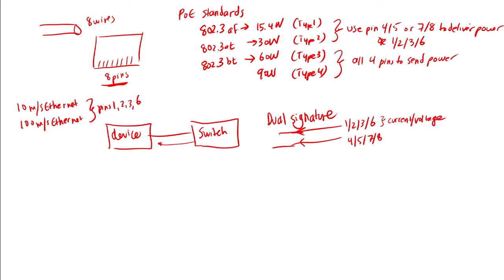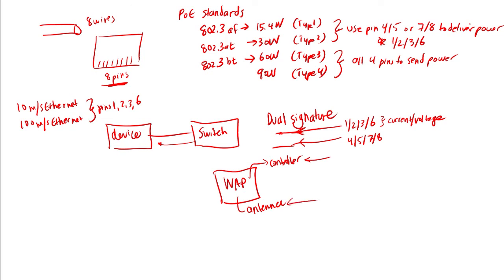And why that is because maybe they have a wireless access point which has, for example, an antenna and a controller. And the controller needs one type of power and the antenna needs another type of power.